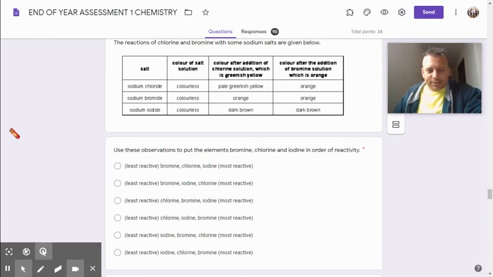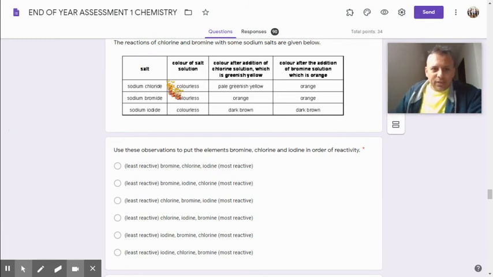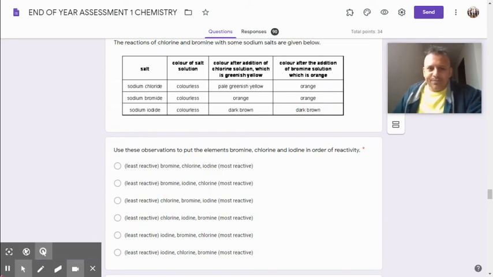What I need to make clear is that where you have this information right at the very beginning, color of salt solution at the start, if it's colorless at the start for sodium bromide and then suddenly changes orange, even after you've added a greenish yellow chlorine, that means that a reaction has taken place. And of course, there would be no reaction with a bromine solution being added to sodium bromide. There's nothing to displace, so that's the reason why that stays orange.